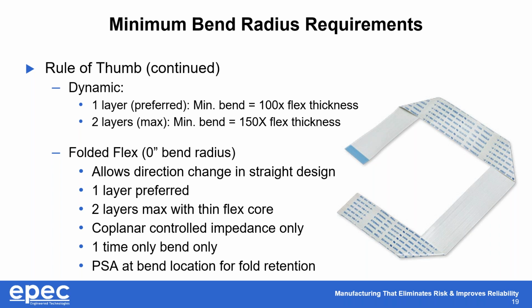So if you were to open it again, that's when the problems happen, is that further manipulation is what causes the breakage in the circuitry. A common preventative measure or safety measure is to add a small piece of PSA or double-sided tape at the fold location to retain the fold and prevent it from being opened up.